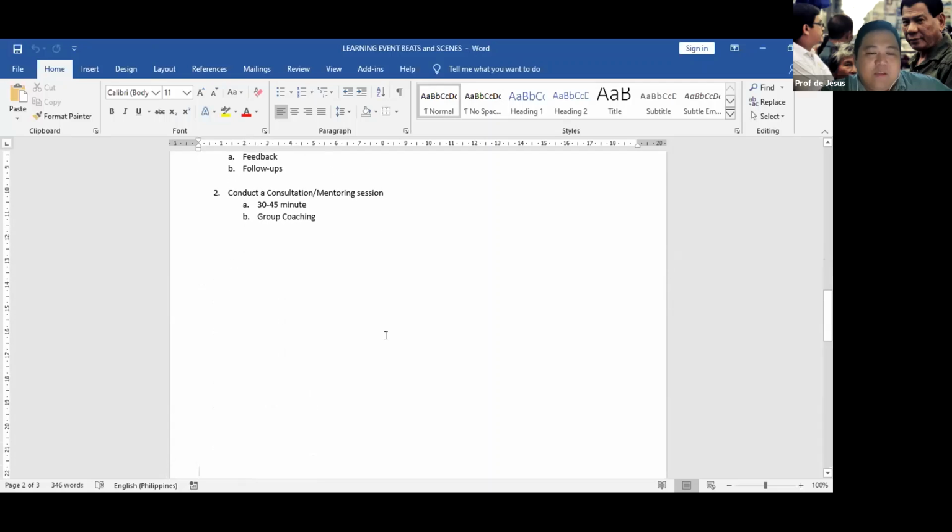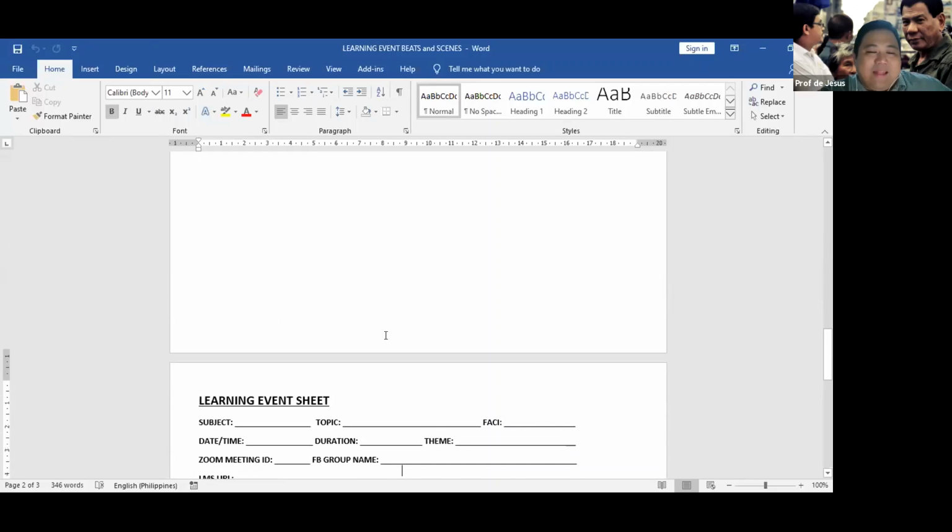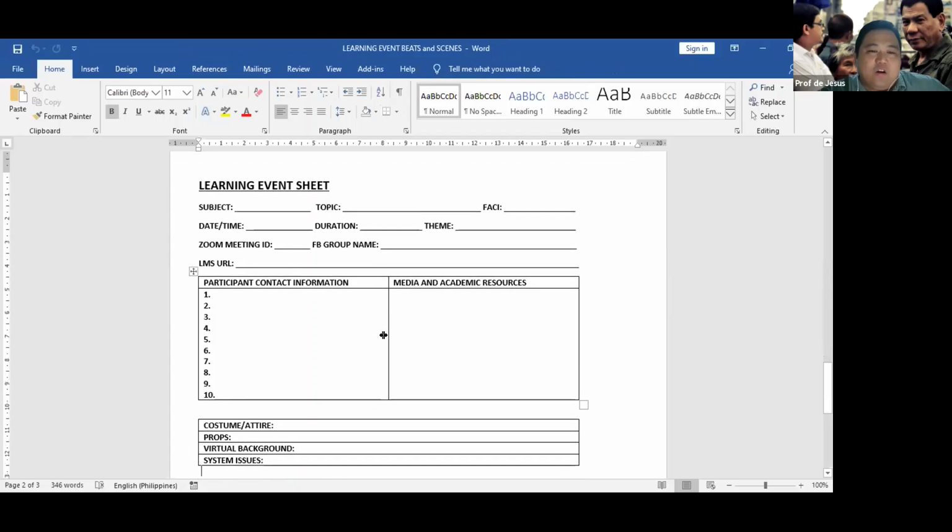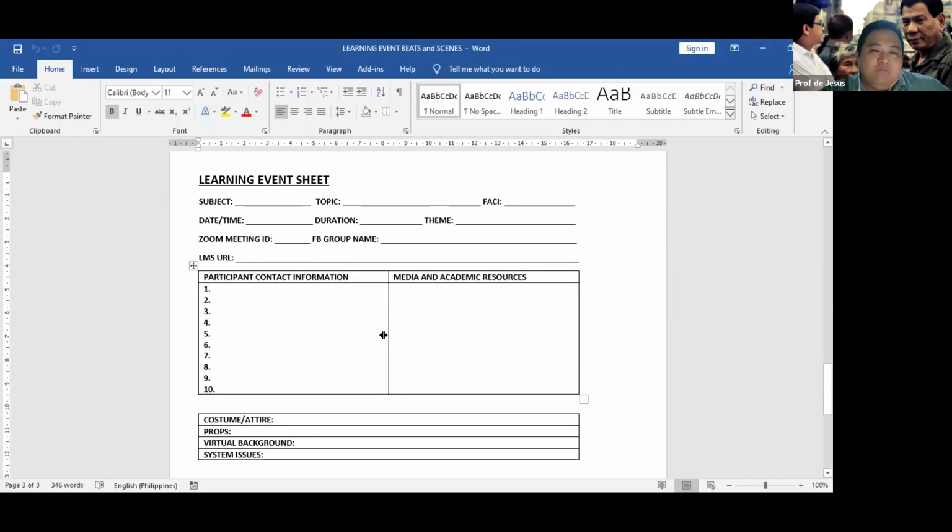So the actual form is here. If you want to plan your own event or your own learning topic, we have a subject, and inside that subject, what's the topic? Let's say for example it's math, then we have algebra. Who's the facilitator? How much time are we going to spend? So the date and time. What's the theme? Let's be playful. Is it Malacanang and His Excellency?